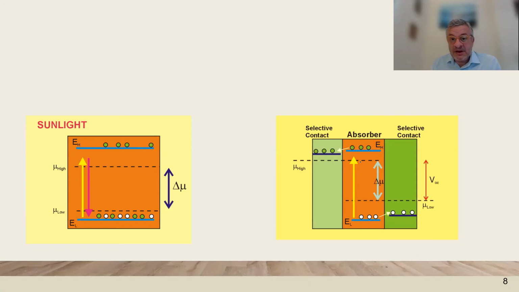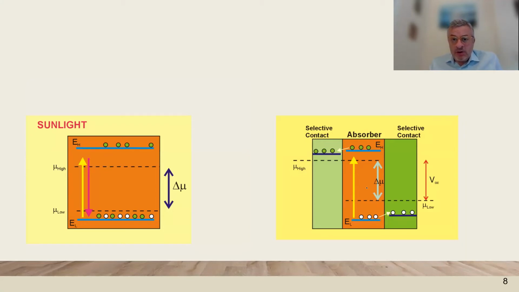In this case, the electron selective contact and hole selective contact are tracking perfectly the internal photovoltaic. So that in the operation of the solar cell, we have to separate things. So one is the internal separation of Fermi levels in the absorber, which is governed by illumination, recombination, etc.